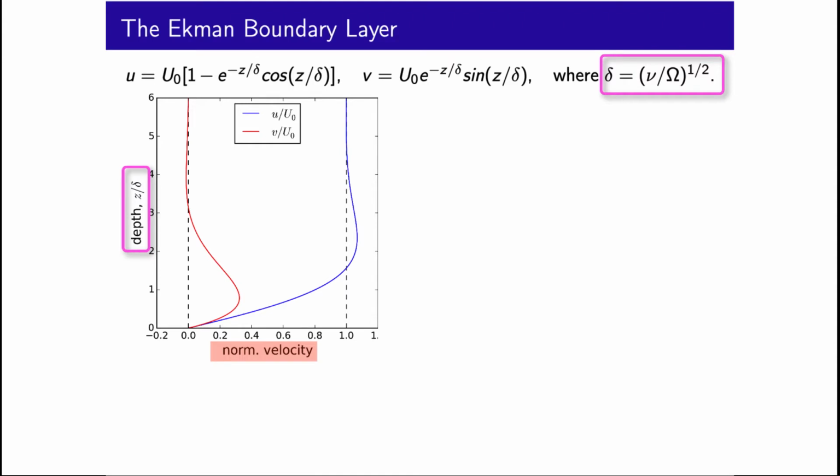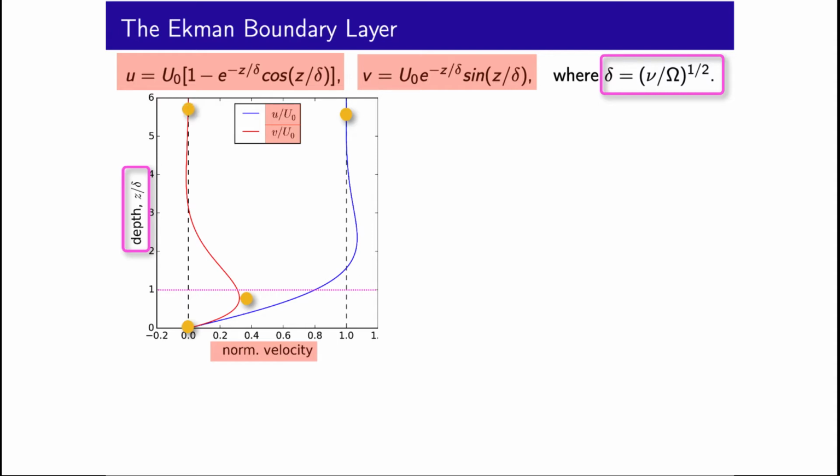We can plot these solutions and get an idea of the shape of the flow in the Ekman layer. Velocity in the along flow direction goes from 0 up to u0. Velocity in the across flow direction goes from 0 to some maximum at an intermediate depth just below 1 delta before dropping back to 0.